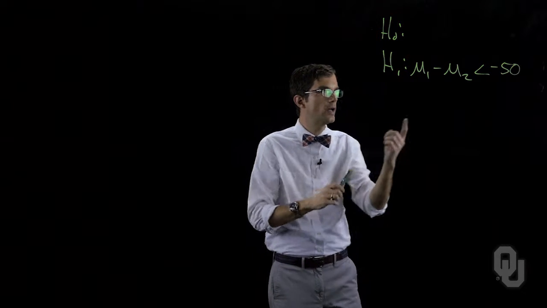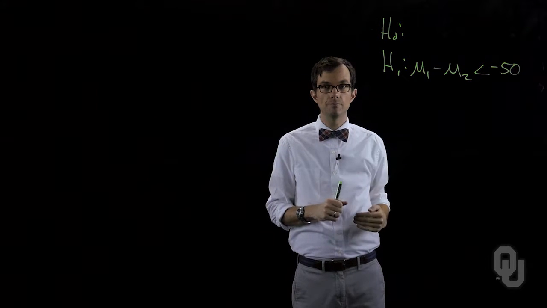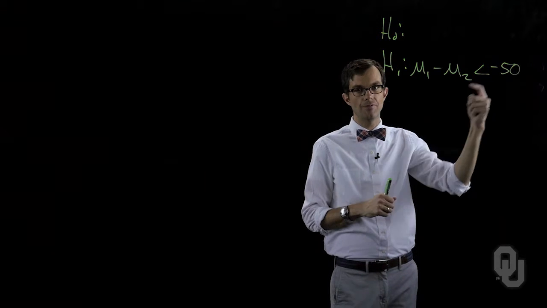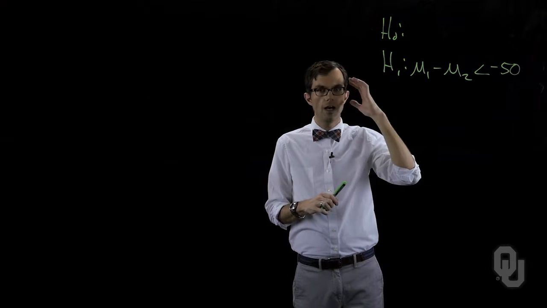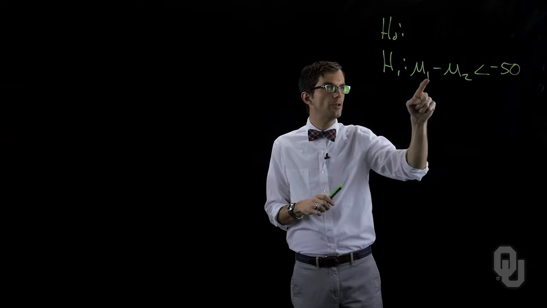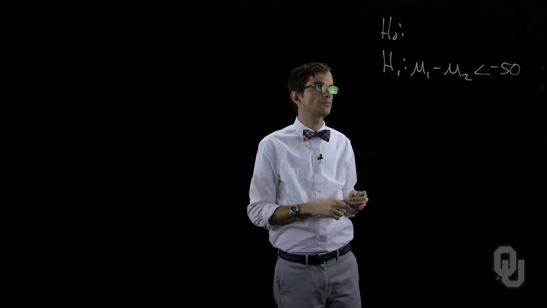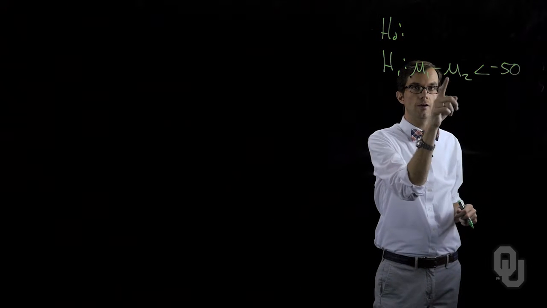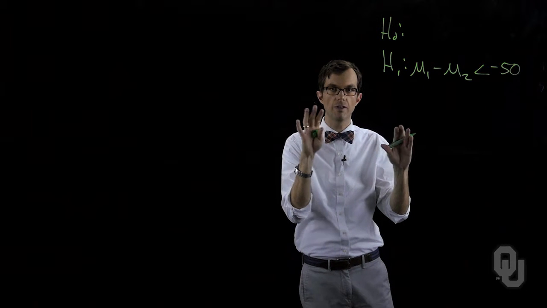We want to know, is this number bigger than this number by more than 50? So if we make that subtraction, that would be less than negative 50. But it's just easiest for pedagogical purposes to keep using the same population 1, population 2 notation. So more than, this bigger than this by more than 50, would imply strictly more than.